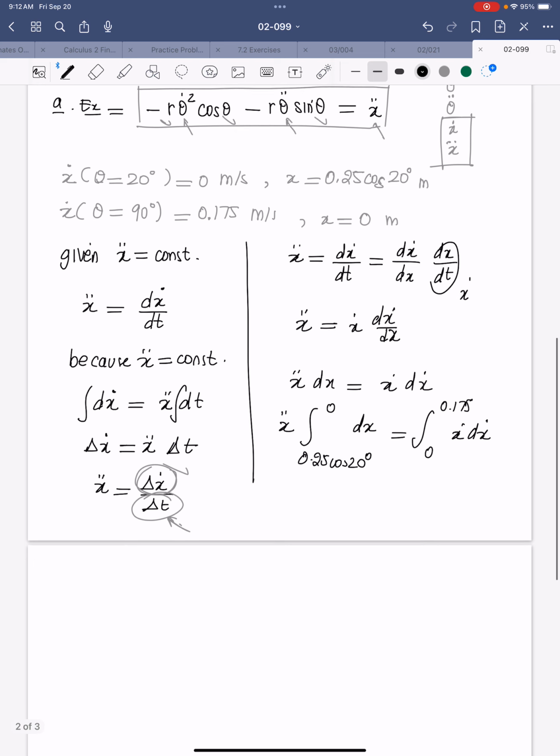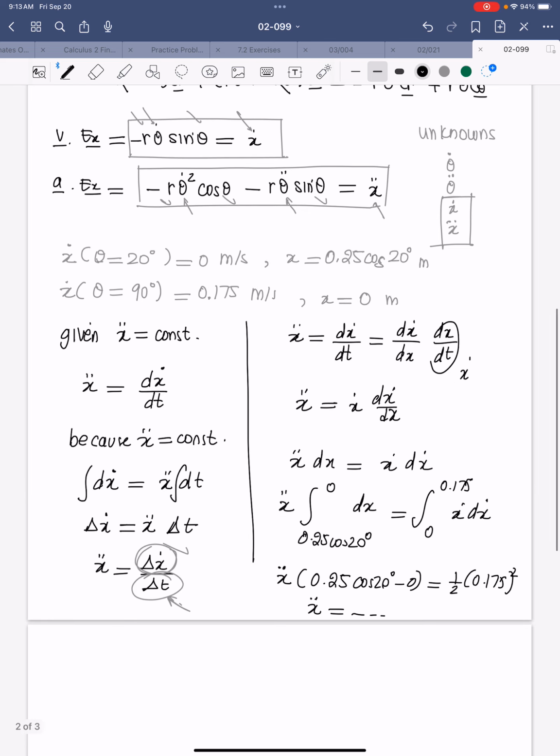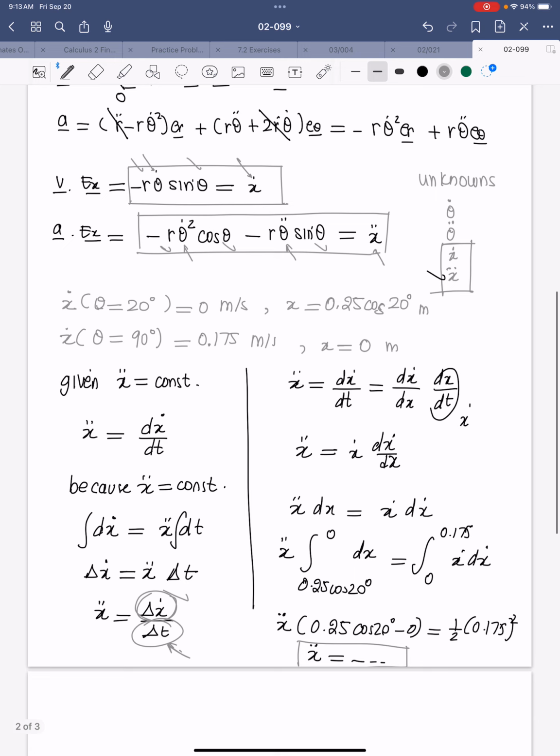Then I can solve for x double dot. So I figured out one of my two unknowns, which is x double dot. And using the same equation, I can figure out another unknown, which is x dot.